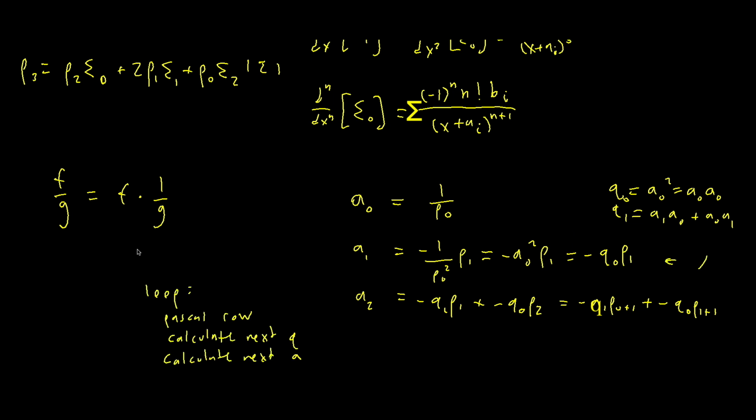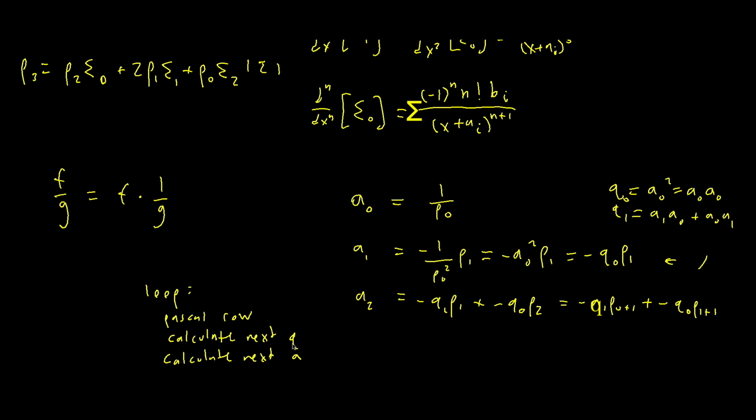So here's the pseudo code of how you would keep calculating the next derivative of a, which is just the nth derivative of 1 over g. The algorithm really starts right here. To calculate a1, you first calculate the Pascal row, which is 1.